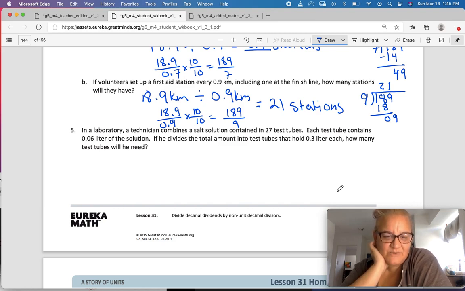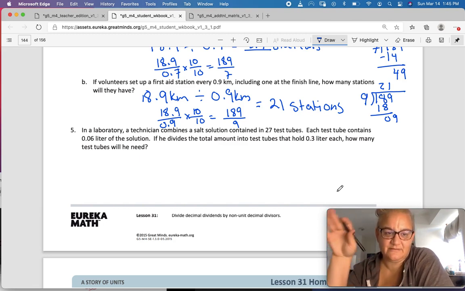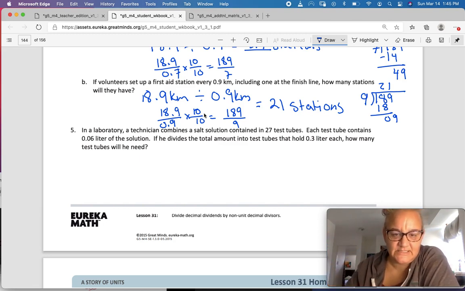If he divides the total amount into test tubes that hold 3/10 of a liter each, how many test tubes will he need? Okay, so this is multiplication and then division. All right, do you see how that's 2 parts? So he's got 27 test tubes, and each test tube has 6/100ths of a liter of solution. I'm saying he, it could be she.